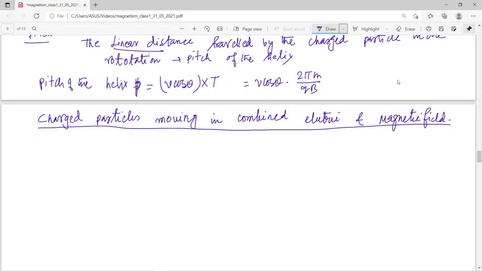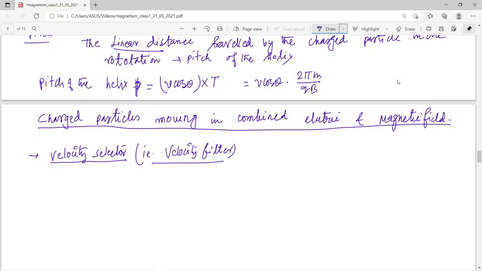The first thing you should know is the velocity selector, which is also known in some places as the velocity filter. This is also when the charged particle moves in combined electric and magnetic field.